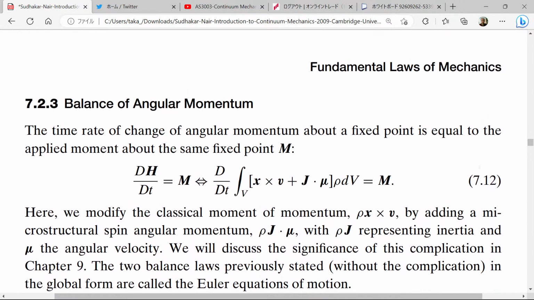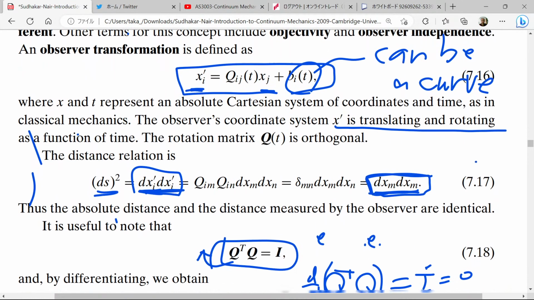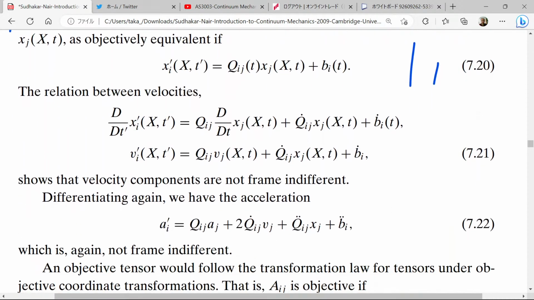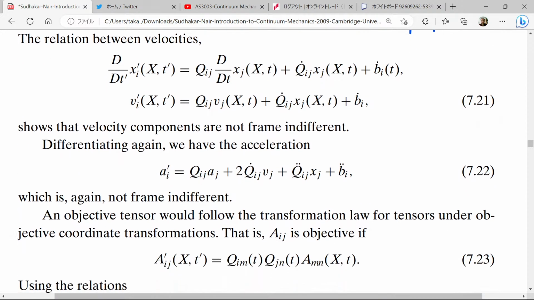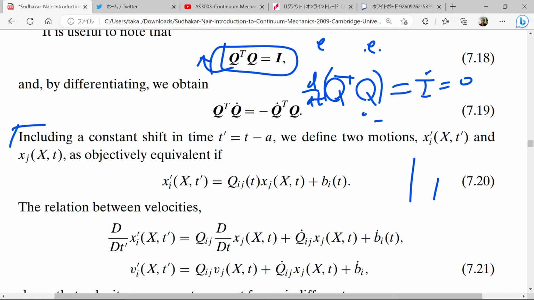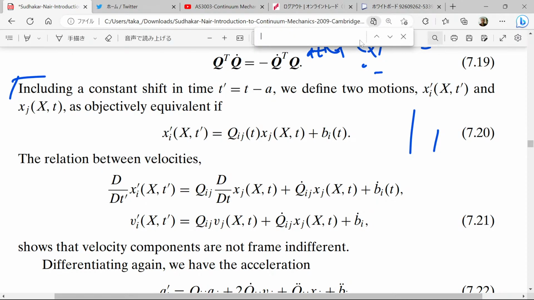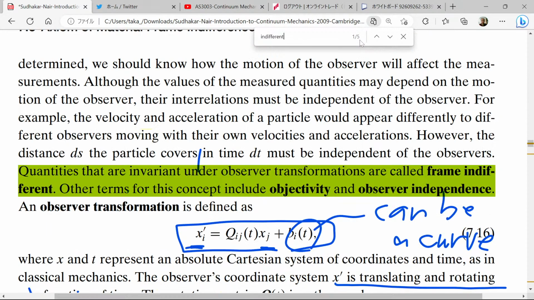Frame indifferent. Quantities that are invariant under observer transformation are called frame indifferent.